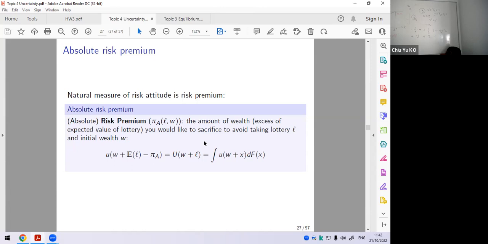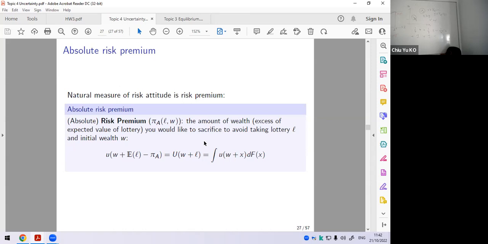So absolute risk premium depends on two factors. One is a lottery. One is your wealth. And the definition is: the expected utility of this lottery plus the wealth will be the same as this small u, right?